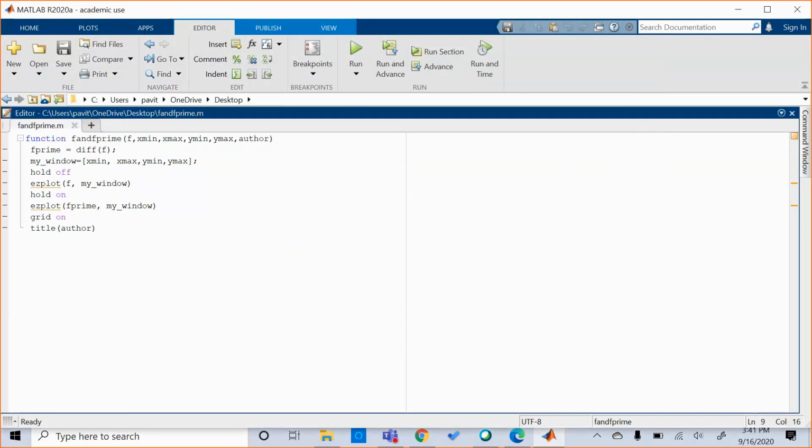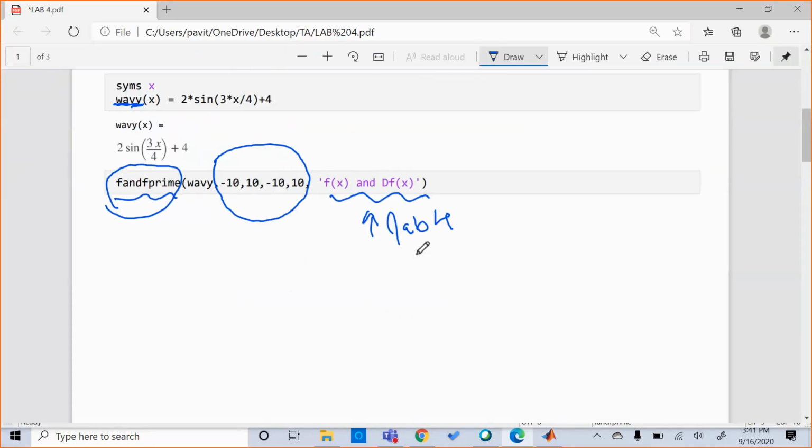Now, this function is done. What is this? It is finding out the differentiation of your function, and it is also plotting the graph of your function and also derivative in this window.